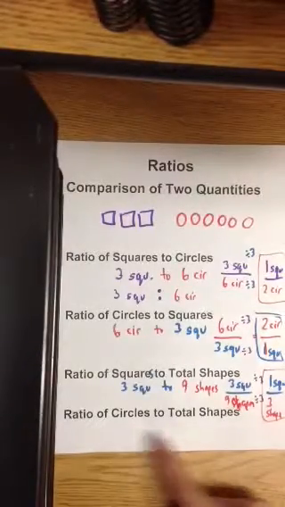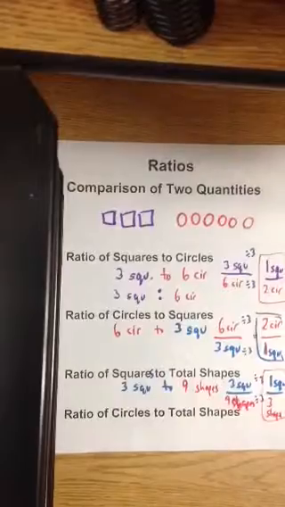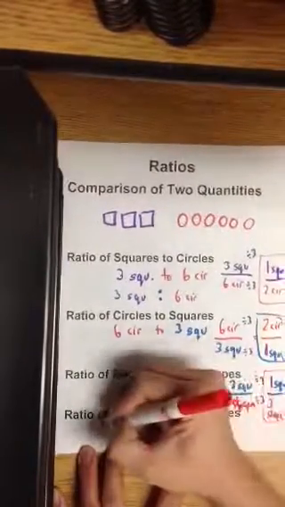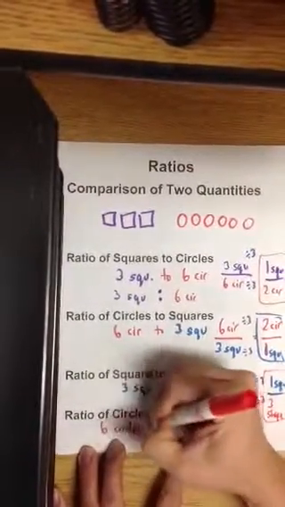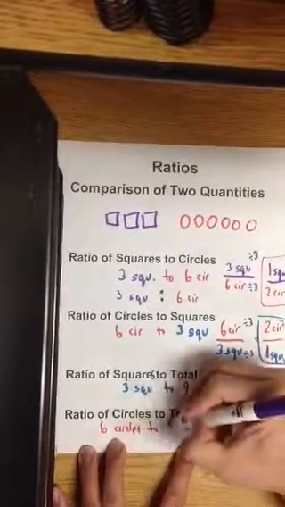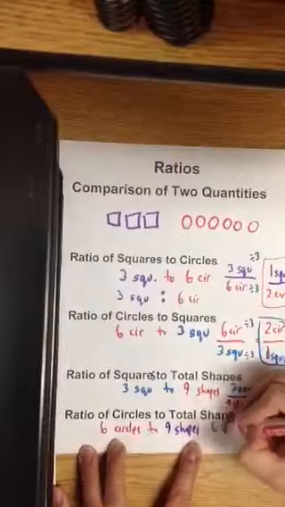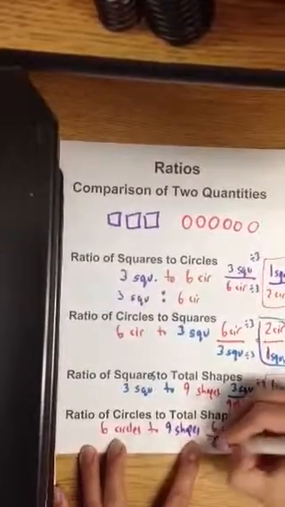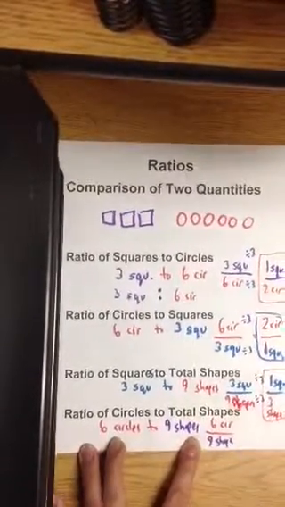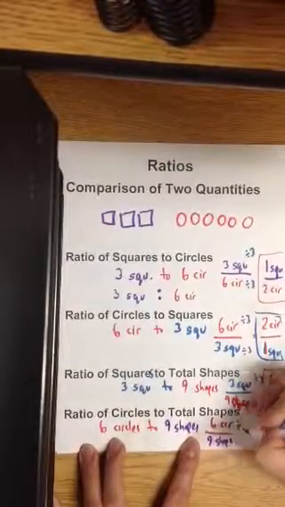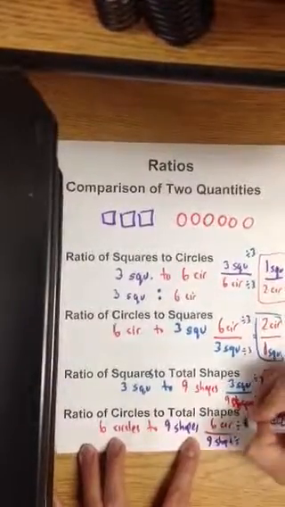What do you have? Circles to total shapes. How many circles do you see here? I see 6 circles to how many shapes? 9 shapes. Let's write it as a fraction. 6 circles to 9 shapes. Can you simplify this? What is the greatest factor that goes into this? 3.